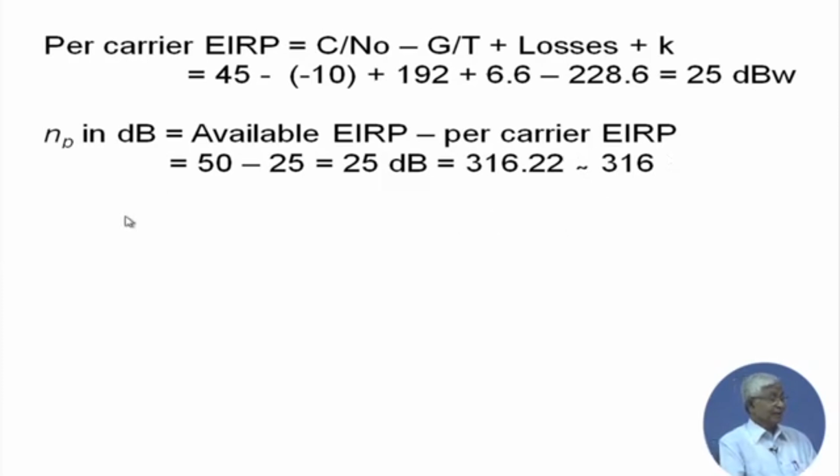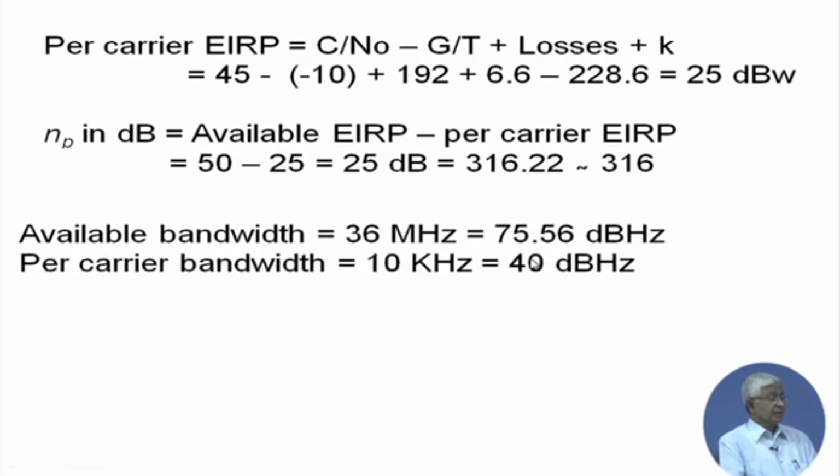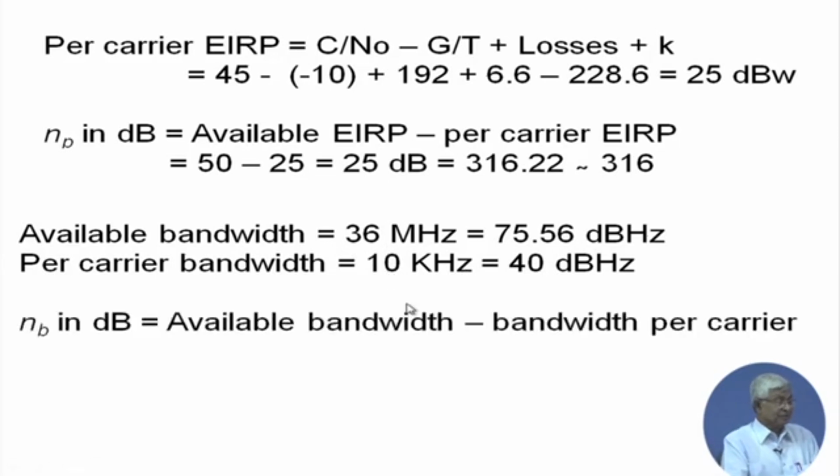Let us look at it from bandwidth wise. It is very easy, because the total bandwidth is already told, 36 megahertz. You can convert into dB-Hz, and the individual carrier bandwidth is given, 10 kilohertz, 40 dB-Hz. You can do it in dB-Hz and subtract and come back to the number, or you can straightaway divide 36 megahertz by 10 kilohertz, which is available in number. Whichever way is easy for you.